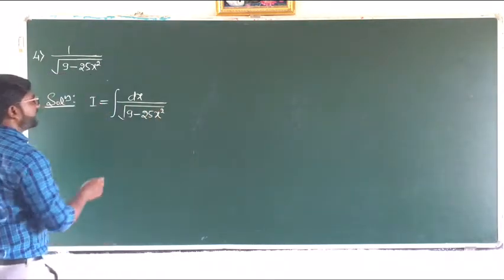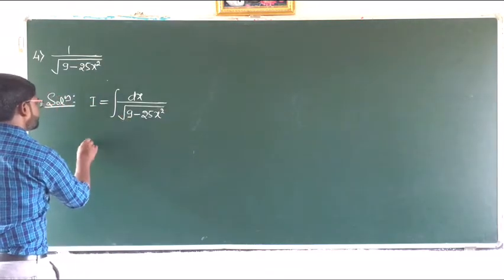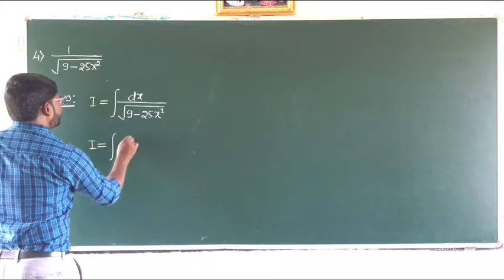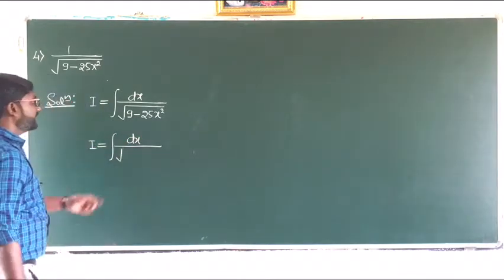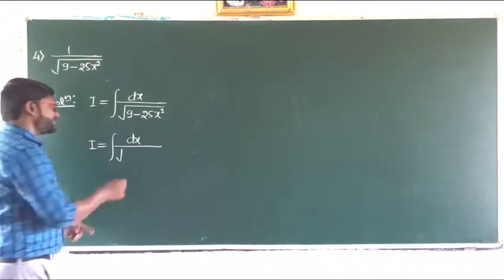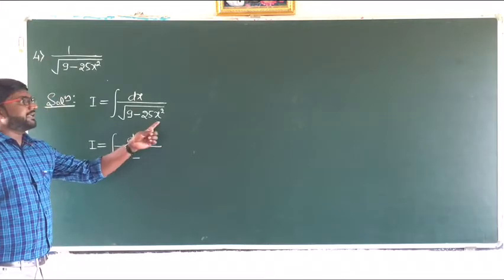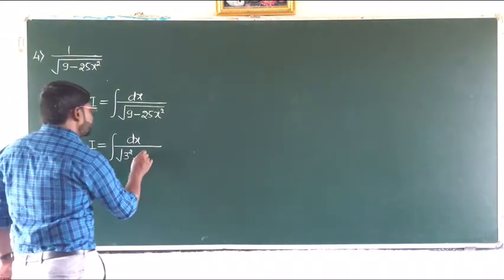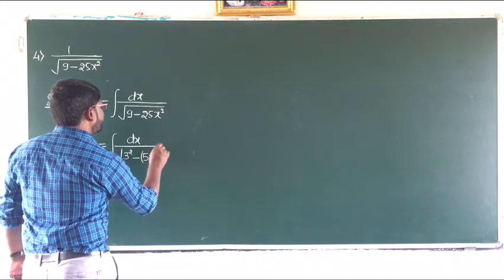Now see here, square root of 9 can be written as 3 square, minus 25x square can be written as 5x the whole square.